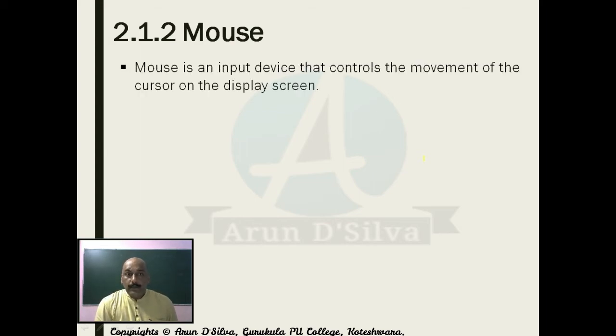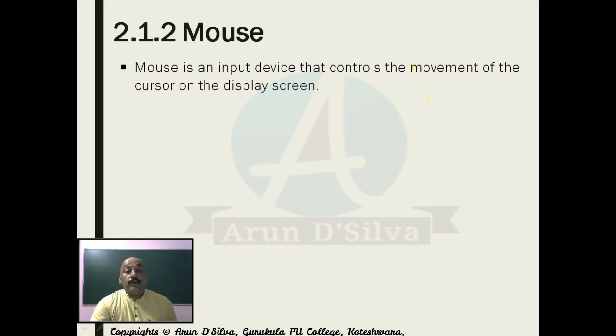A mouse is an input device that controls the movement of the cursor on the display screen. We have a small device that looks like it has a tail and everything. So that's the reason it was given the name mouse. I'll show you.